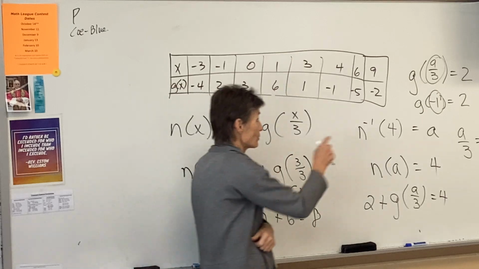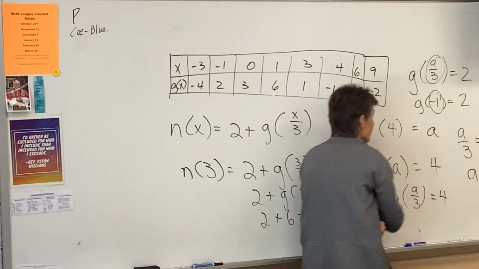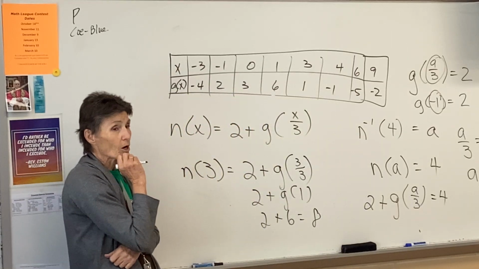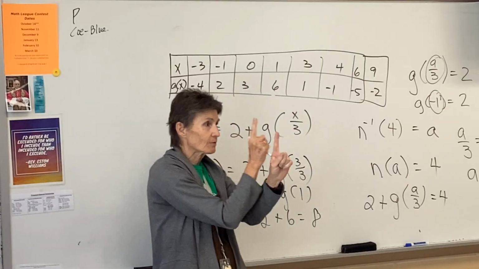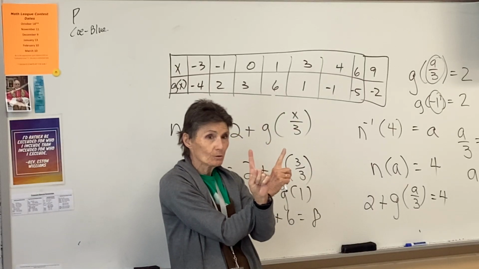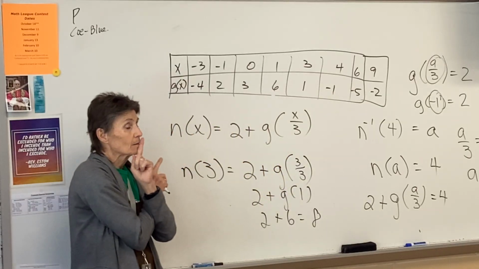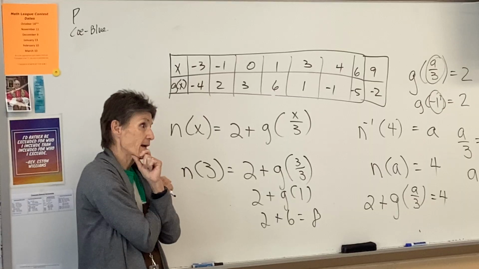So the answer to the question, the A that we were looking for, is negative 3. So Charlie was exactly right. He said because it's an inverse, we have to think about it backwards. Not looking for a y, looking for an x.